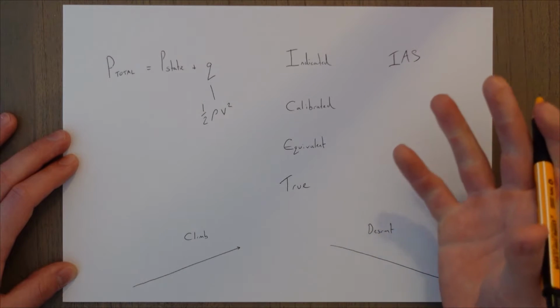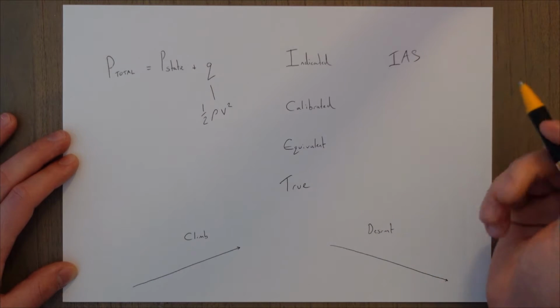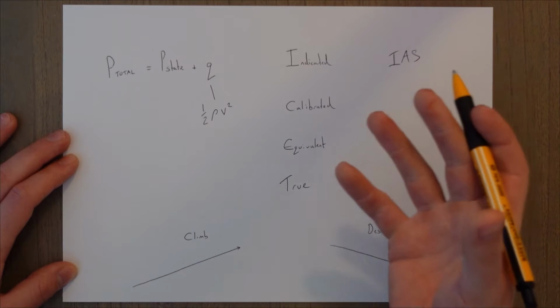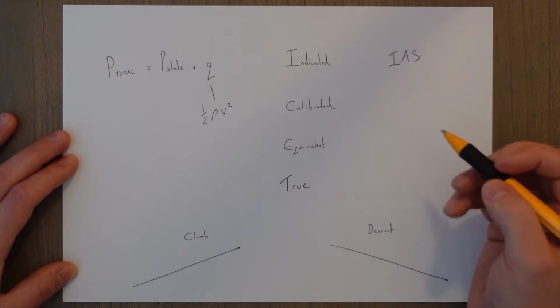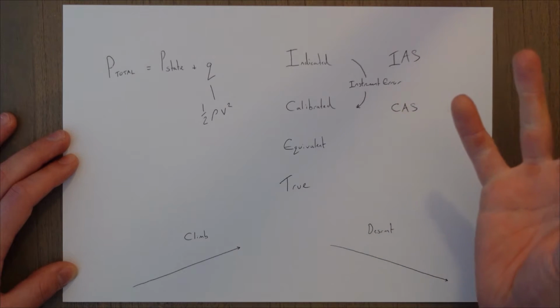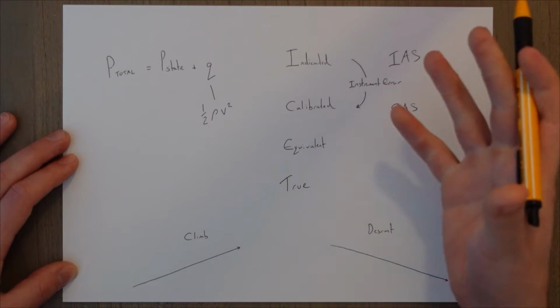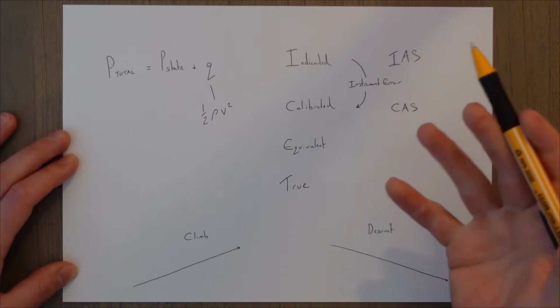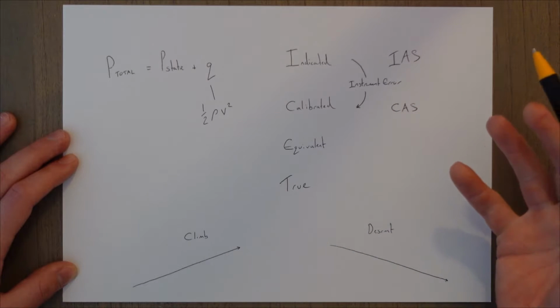That's what we're actually reading on the instruments. If we correct for any known instrument errors, we then get the calibrated airspeed. So say you had a speedometer that you know is always 3 knots fast. Your indicated airspeed would show you 103 knots, but you know that your actual calibrated airspeed would be 100 knots.